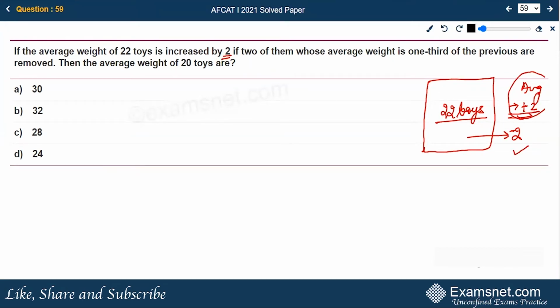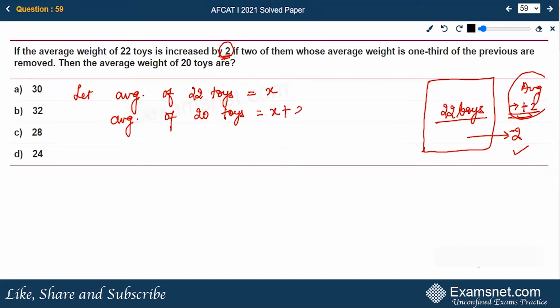So first of all, let the average of 22 toys be equal to x. Then, according to the question, the average increases by 2 if I remove 2 toys from it. If I remove 2 toys from it, then it remains 20 toys, and it is given the average of 20 toys is equal to x plus 2.